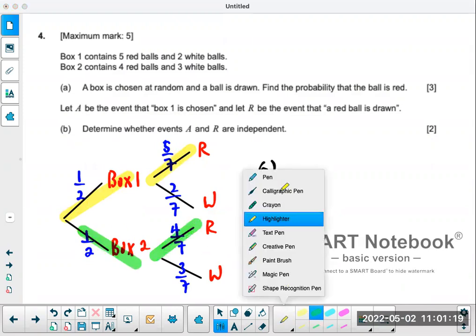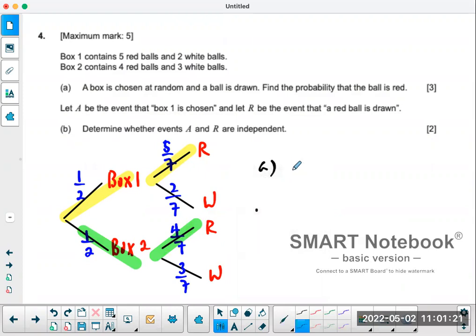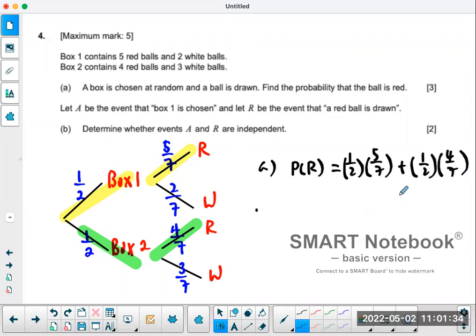So you're going to calculate the probability of box 1 and red plus box 2 and red. So that's 5 over 14 plus 4 over 14, which is 9 over 14. All right, so that's part A.